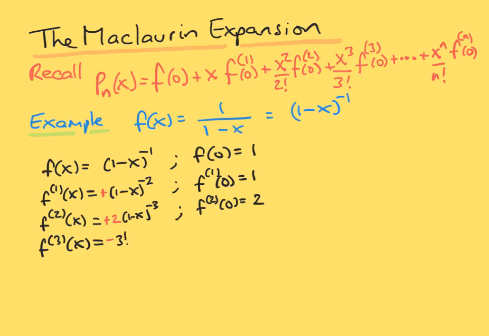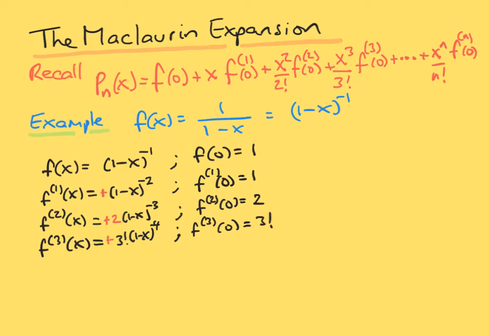And then we have (1 minus x) to the minus 4, and then from the chain rule, we multiply by the derivative of the 1 minus x here. That'll be another minus sign, and minus minus becomes plus. So we see that the third derivative, evaluated at 0, is 3 factorial times 1, so 3 factorial.